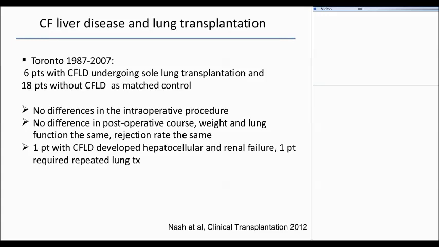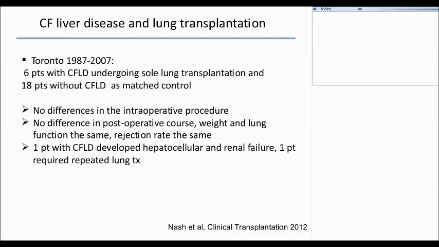Out of these 6, 1 patient developed hepatocellular and venous failure and required a transplant for liver and kidney, and 1 patient required a repeat lung transplantation. So, small numbers in Toronto, but at least in these 6, there was no increased risk of a bad outcome for lung transplantation.